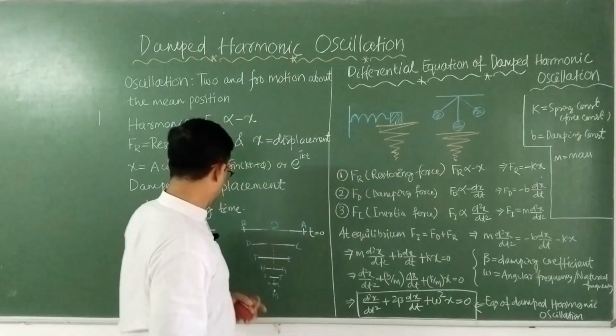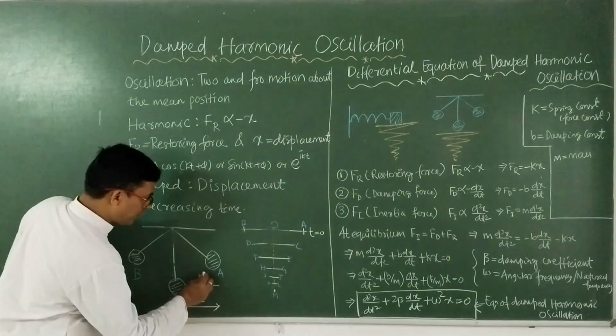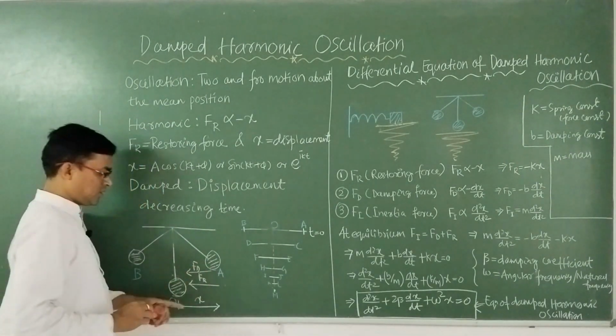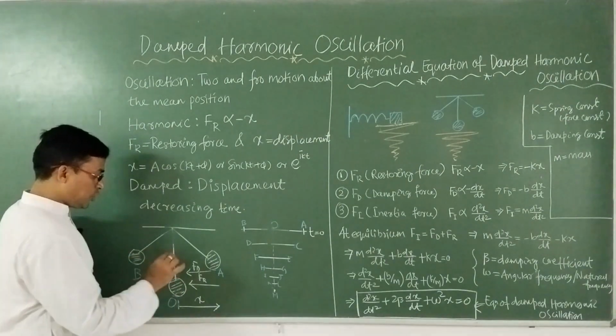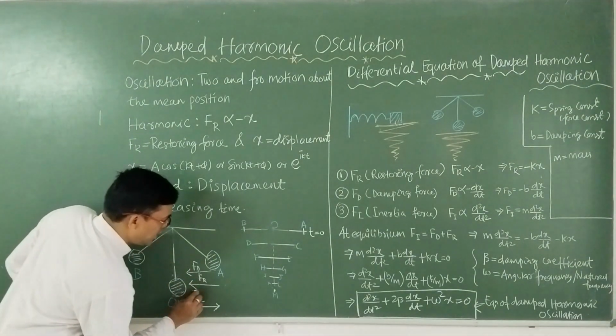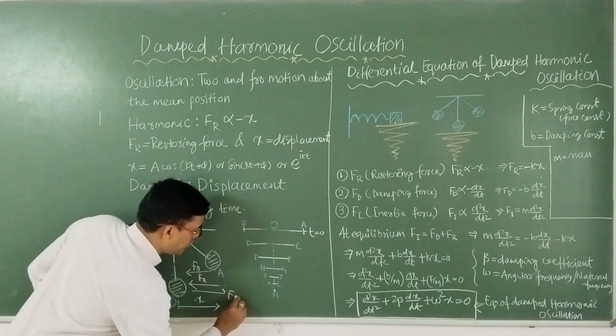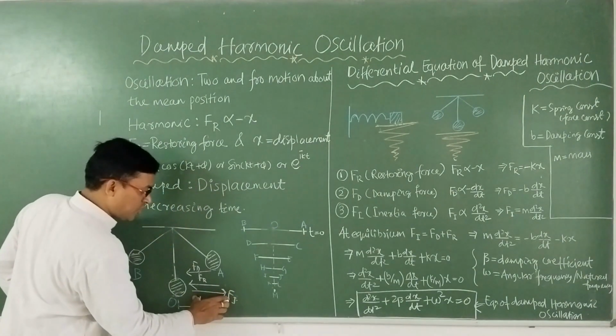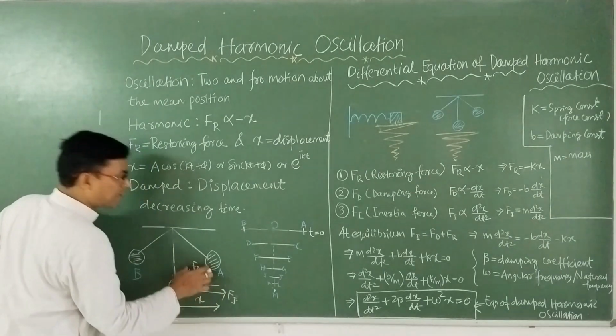Here we can draw the damping force; it is also against the displacement, but the inertia force is in the direction of displacement. Therefore, this inertial force should be balanced with Fr plus Fd.